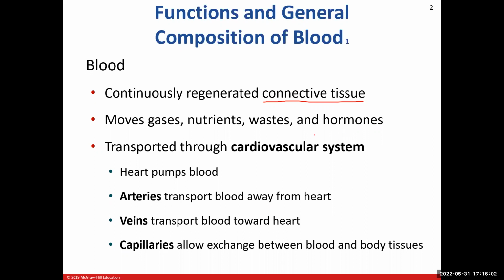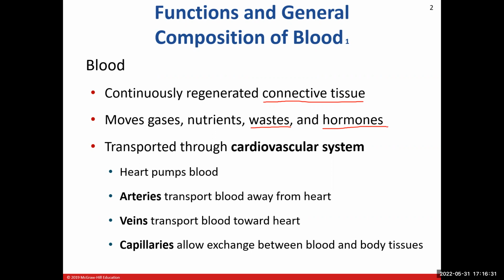And just like us, when we eat something, we're eventually going to dispose of it in waste form. Well, our blood carries some of the cellular wastes around, and also it is an important transport system for hormones, those chemicals that you just talked about in chapter 17, those chemical messengers that are generated by certain tissues in the body that are going to affect other tissues in our body.